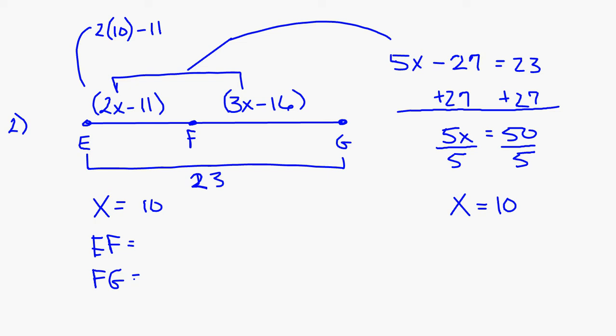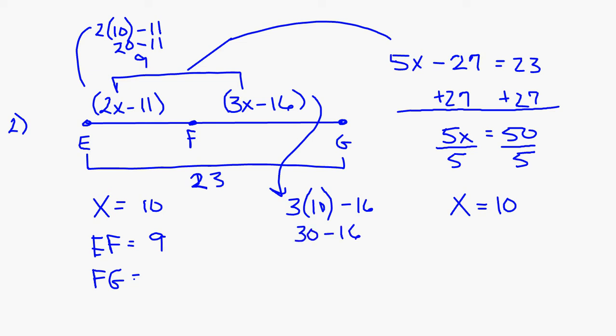What's 2 times 10? 20 minus 11 is 9. So E to F is 9. For F to G, you replace x again: 3 times 10 minus 16. What's 3 times 10? 30, minus 16. That's 14. So F to G is equal to 14.